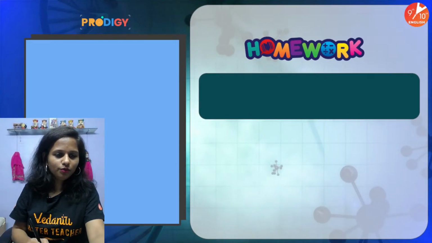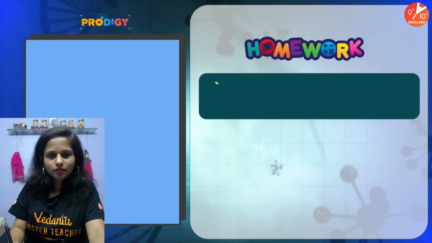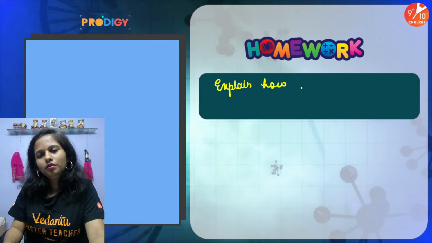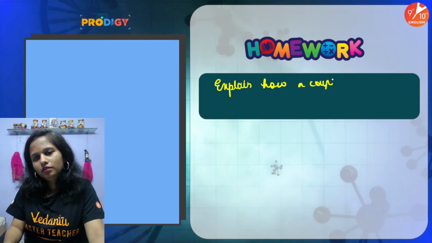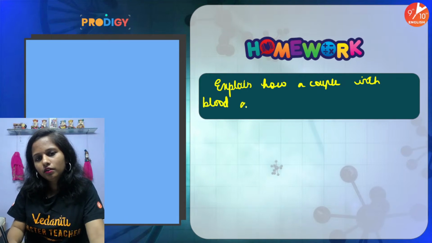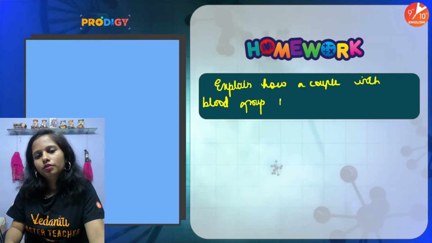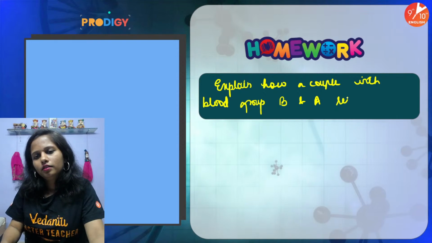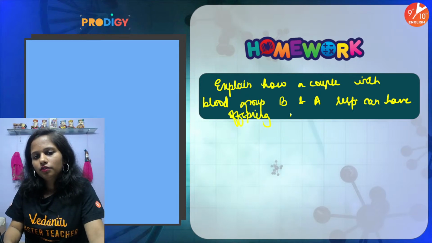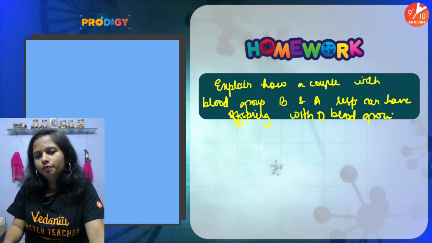So let me give you homework question. Explain how a couple with blood group B and A respectively can have offspring with O blood group.